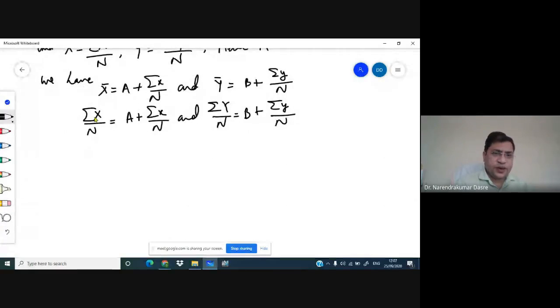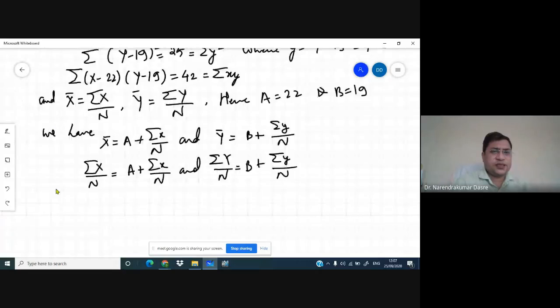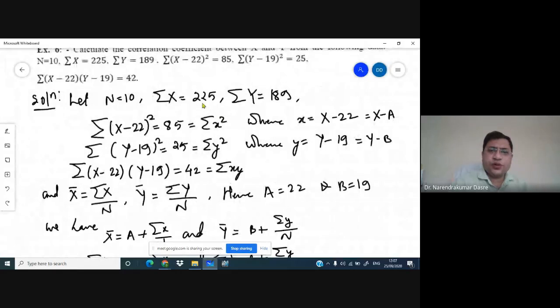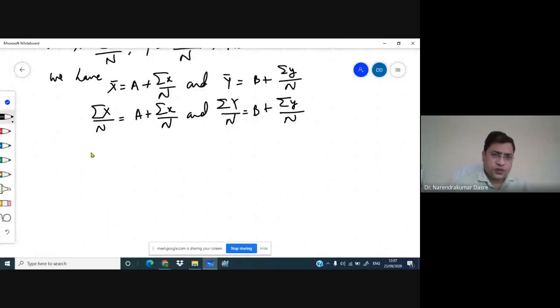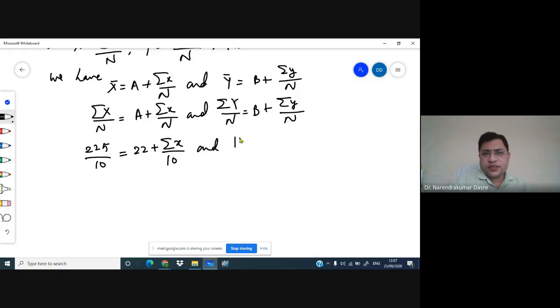Hence summation capital X is going to be 225, and n is going to be 10. Summation capital Y is 189, and n is 10. So 225 by 10 is equal to a plus summation small x upon 10, and 189 by 10 is equal to 19 plus summation small y upon n, where n is going to be 10 here.